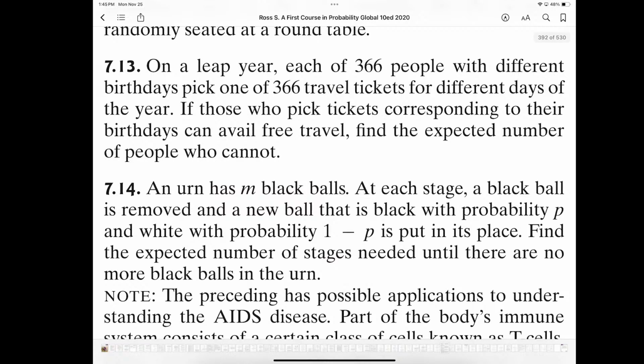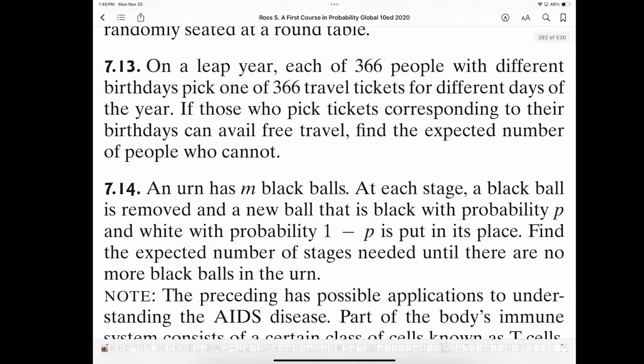So I figure out which one I'm going to put in, and I put it in there. And I keep doing this until there are no more black balls in the urn. And I want to know the expected number of times I have to do this before I get rid of all the black balls.